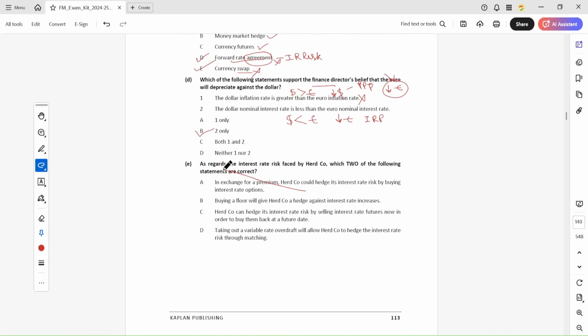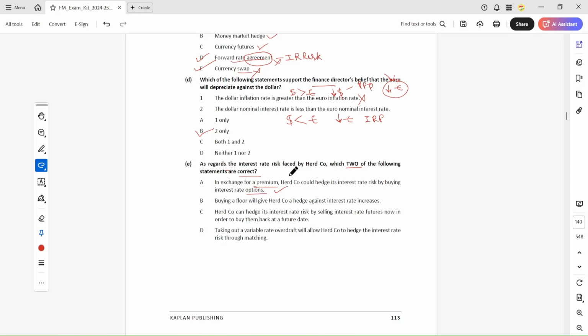As regards interest rate risk faced by Hard company, which two of the following statements are correct? In exchange for a premium, hedge interest rate risk by buying options.